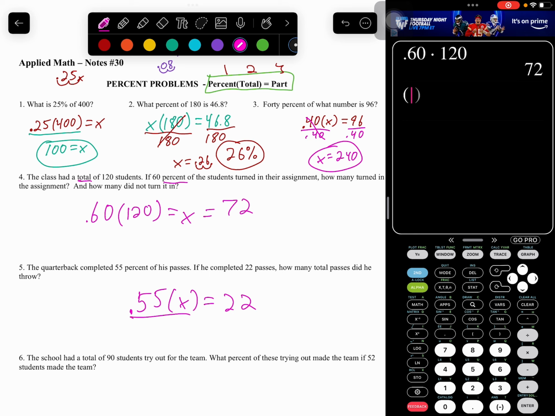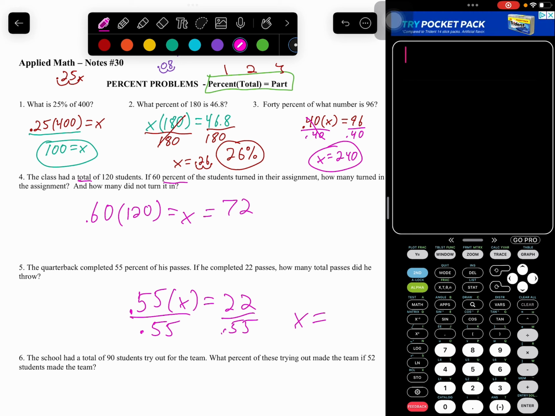You're going to divide by 0.55 on both sides. So x equals 22 divided by 0.55. Boom, 40. And you're done.